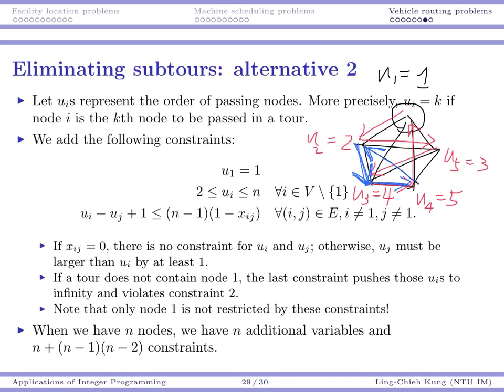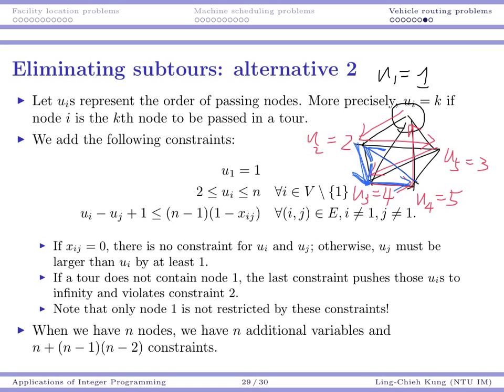If all those things must be satisfied at the same time, the constraints would push all those related ui to infinity. But that's impossible because you have upper bounds for your ui. So if you have a cycle, a subtour here, then that's going to violate these constraints.